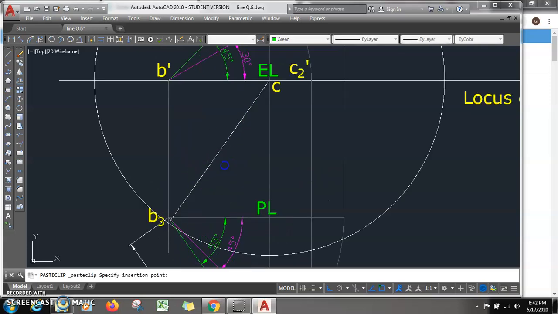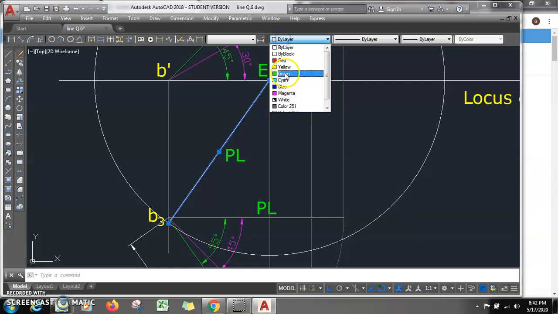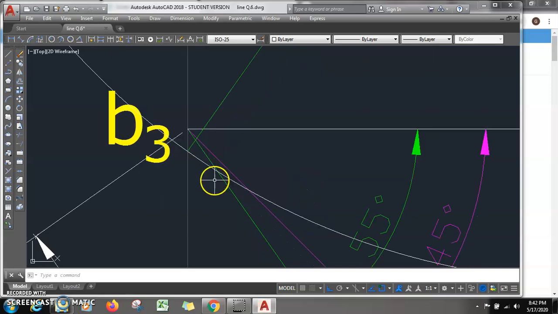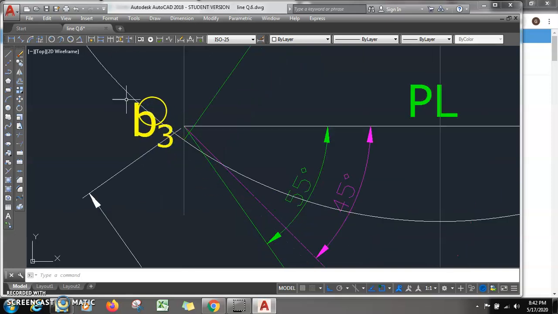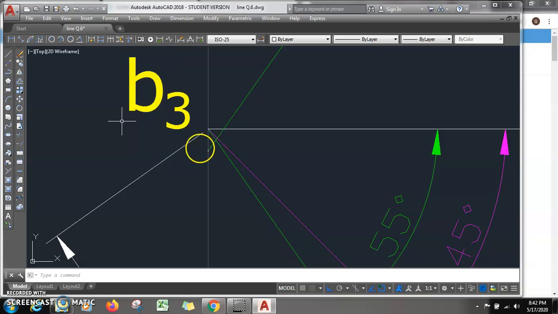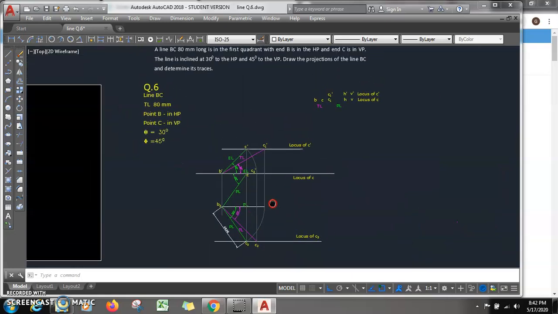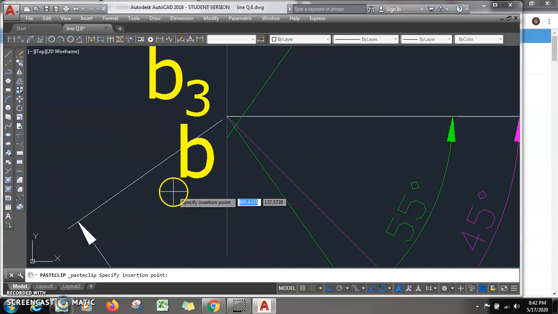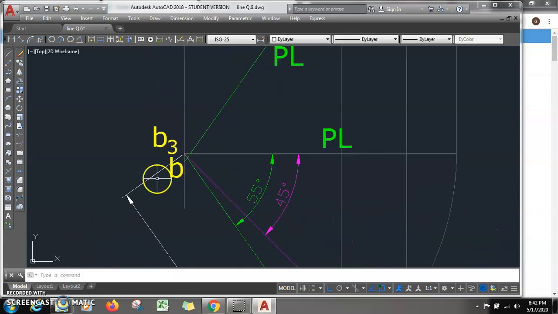This line is the plan length, and the angle for this line, which is beta, is found to be 55 degrees. So we have B3 at this location, and at this location we have the final location of point B. I'll delete this.